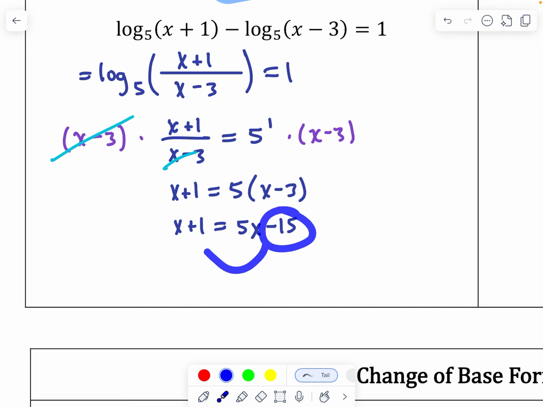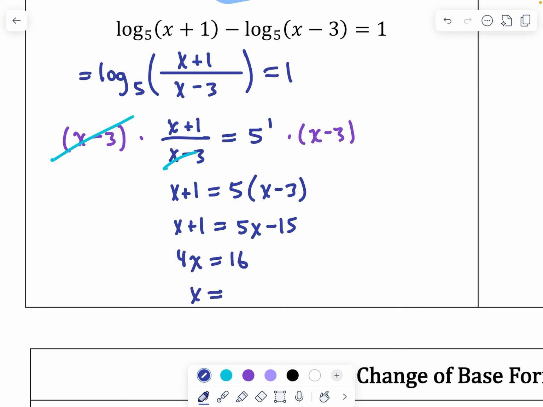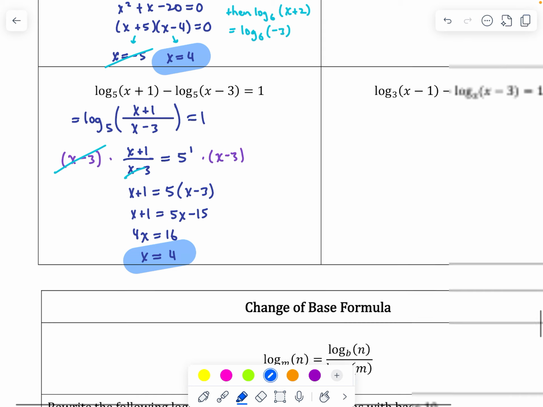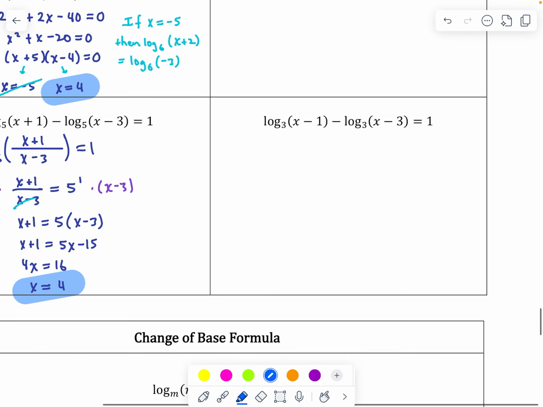I'm going to add the 15 to this side, which gives me 4x equals 16 for a final answer of x equals 4. We get 4 again. All right, good. There's no extraneous solution here. That's it. The 4 is the answer. Totally fine. Go ahead and try this one.